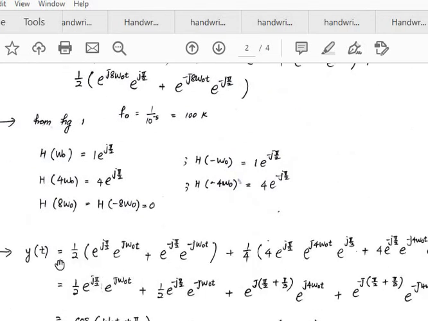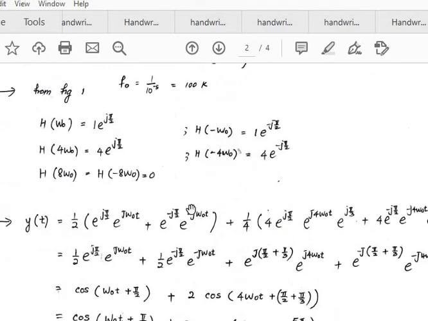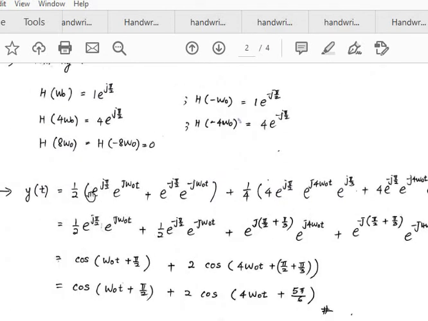So for the output part, y(t) is equal to, you just copy down, y(t) equal to half of the exponent j omega naught, then multiplied with the exponent j pi over 2, okay, and then plus this part, and then plus half of this one.